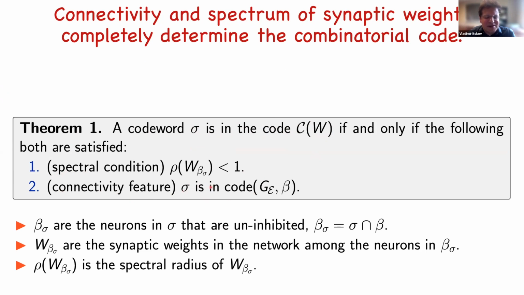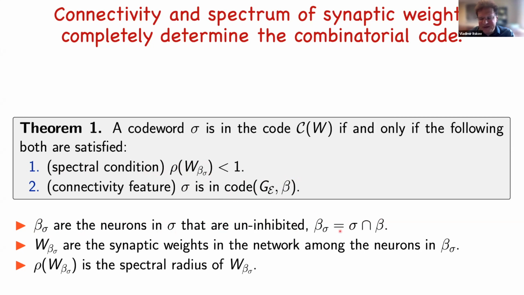One is sigma is in this object that was defined on the previous slide. So it's completely determined by connectivity alone. And another condition is a spectral condition on some excitatory subnetwork, where beta sigma are the neurons of sigma that don't receive recurrent inhibition.